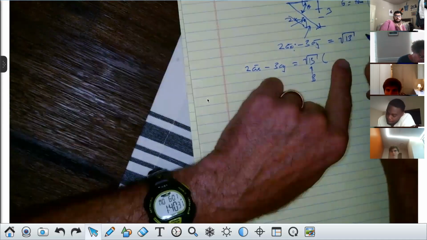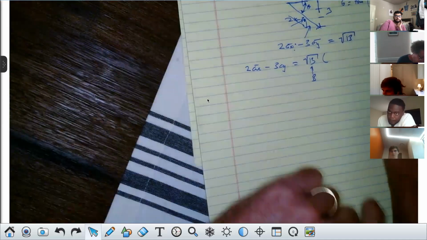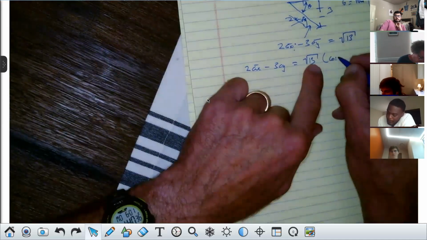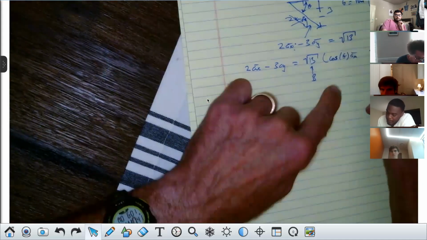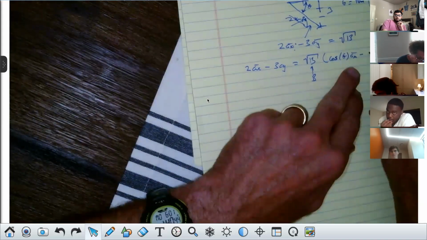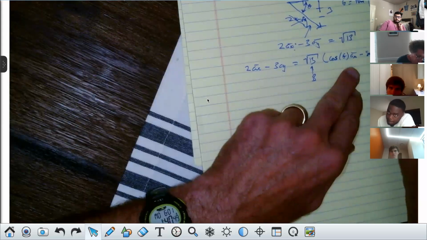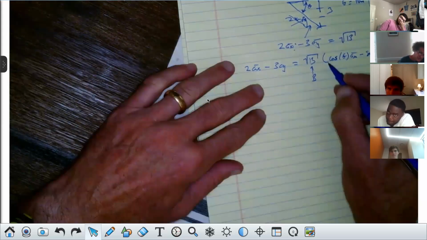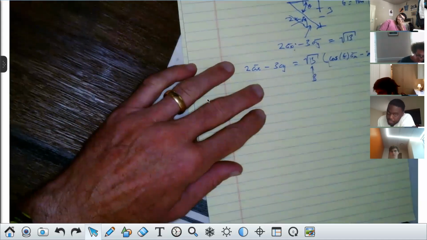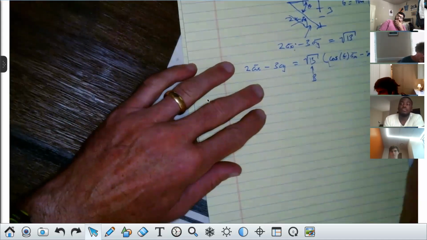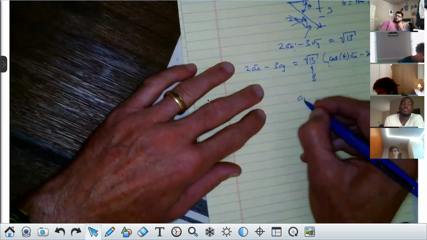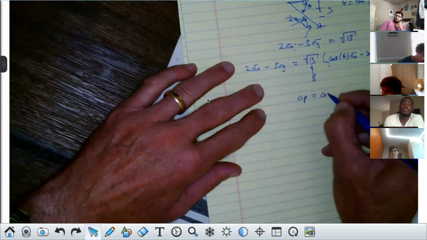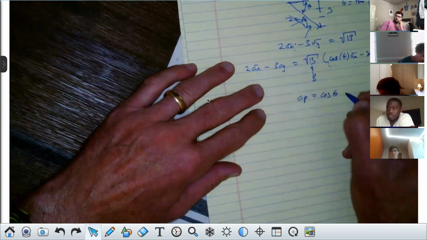And this would be 13 times cosine of theta ax minus sine of theta ay. And this would be the actual unit vector in the direction of propagation. I mean, I should say it this way. AP would be equal to cosine theta ax minus sine theta ay.